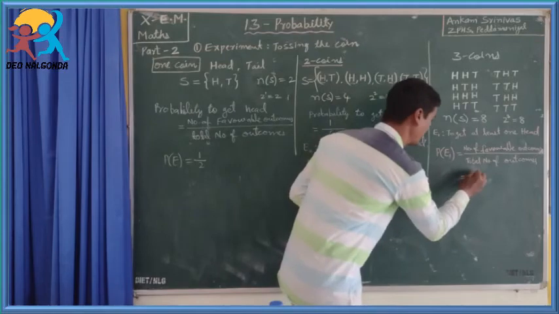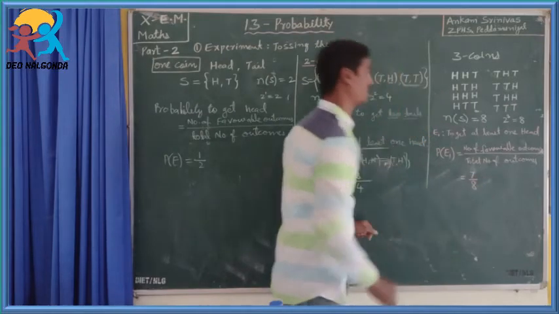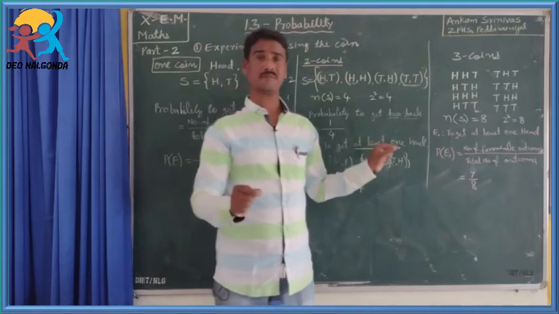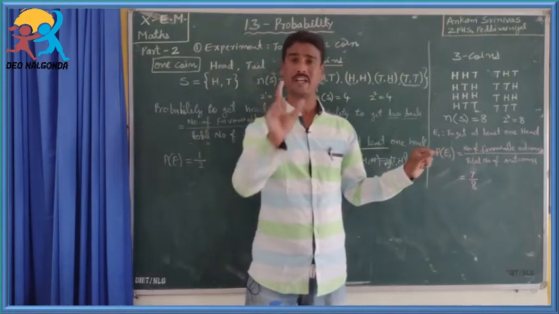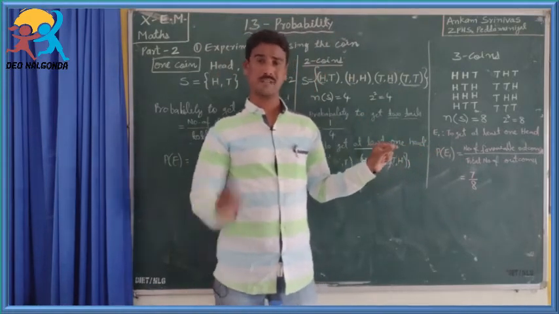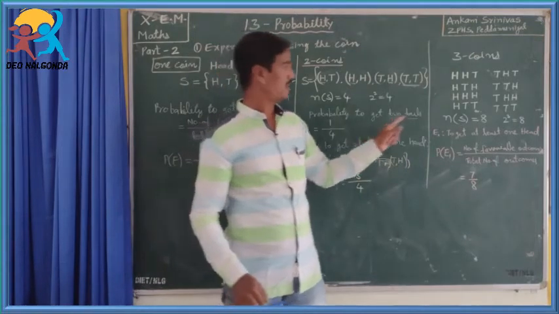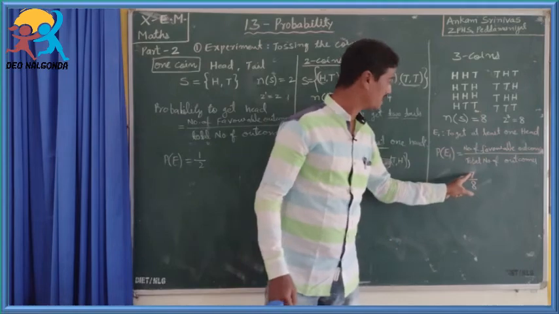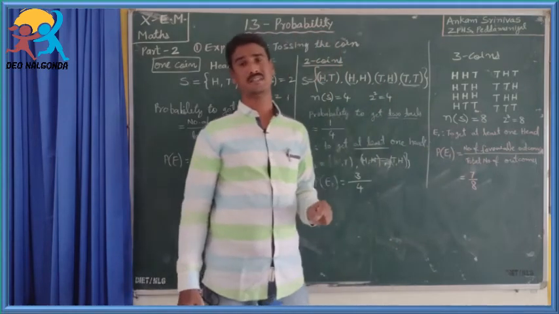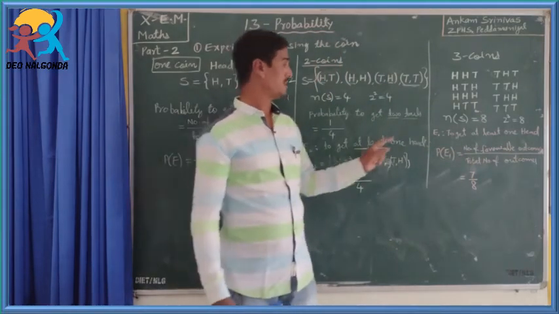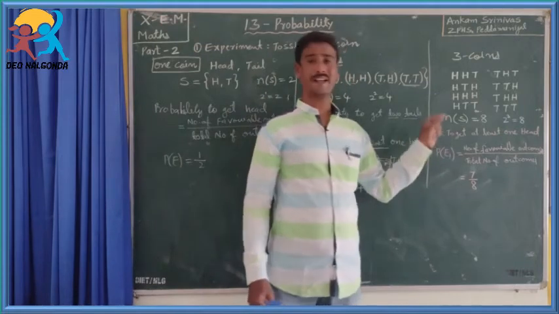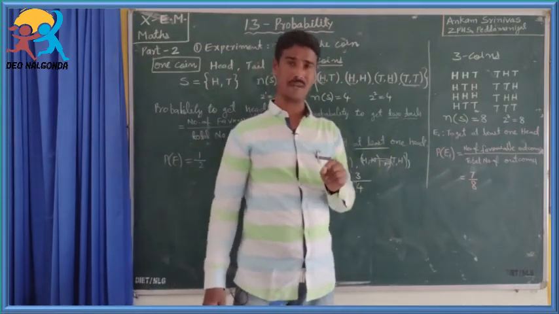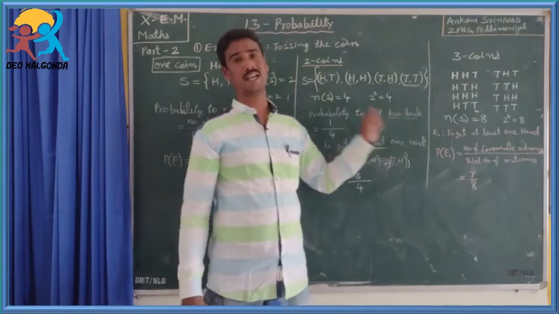So 7 by 8 total outcomes. At least one head means minimum, there exists minimum one head. So in this experiment we got 7 favorable outcomes out of 8. So the probability to get at least one head when tossing 3 coins at a time is 7 by 8.